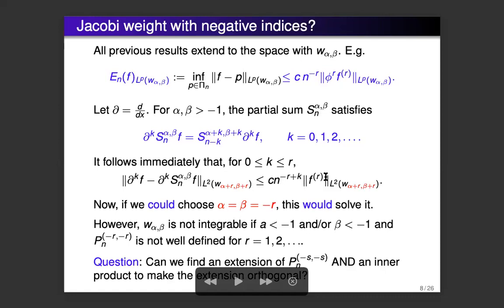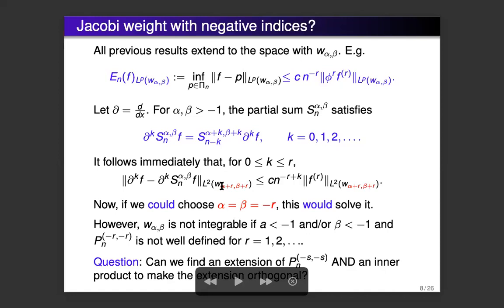It looks almost right, except there's trouble. We have to change the weight function. So for your K-th derivative, you have alpha plus R, beta plus R, where R is the largest one. In fact, this inequality you can replace by K, but that's not the point. The point is this holds only if you have a different weight function.